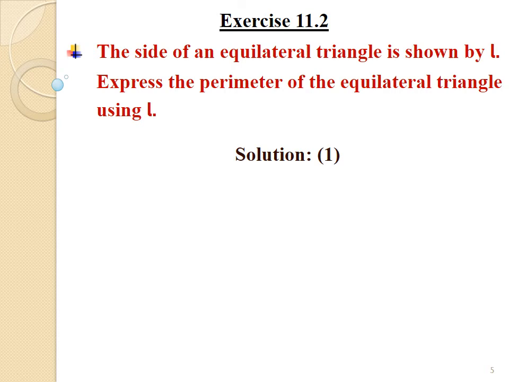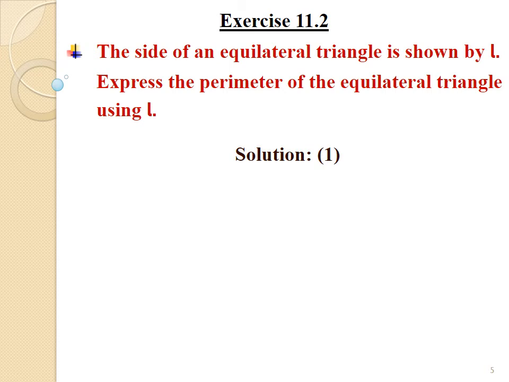But the measure of the side of the triangle is not given to us. So, we can say that the side of the triangle is variable and the perimeter of the triangle will depend on the length of its side.